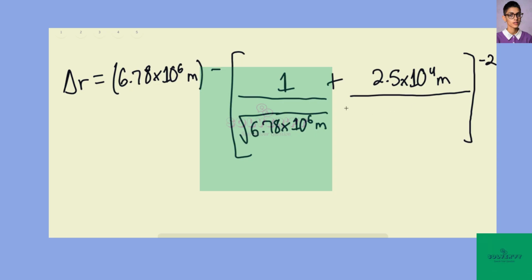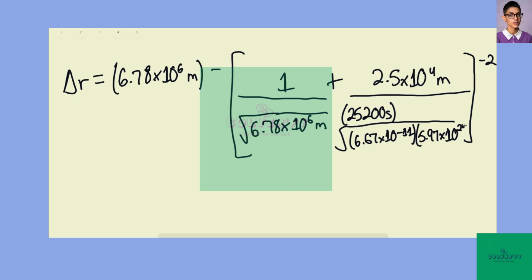And then here it would be 25,200 seconds, so 7 hours, and then multiplied by the square root of 6.67 times 10 to the -11th times 5.97 times 10 to the 24th. And we find that delta R is going to be equal to 1,755 meters.